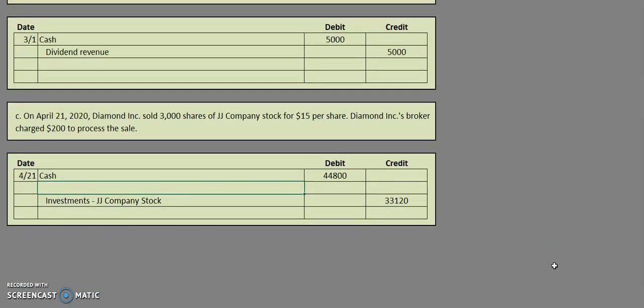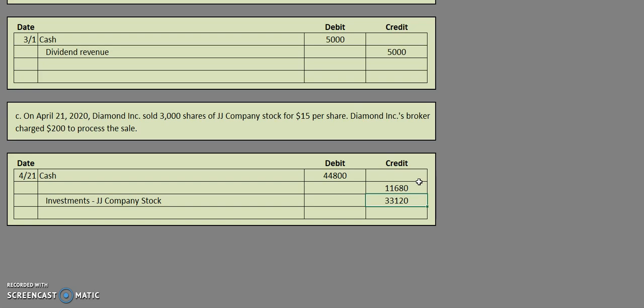It depends on which side is smaller, and this actually becomes our final plug for this journal entry. We can see that our debits are more than our credits, so we are going to have to credit the difference. $44,800 minus $33,120 gives us an $11,680 credit. Now here is where we get into what this plug is. It is either a gain or a loss for the company.